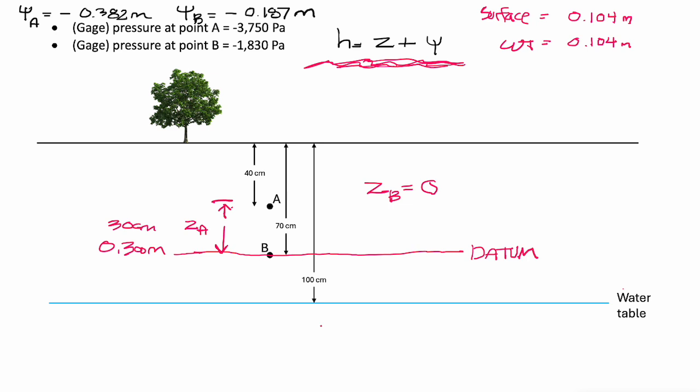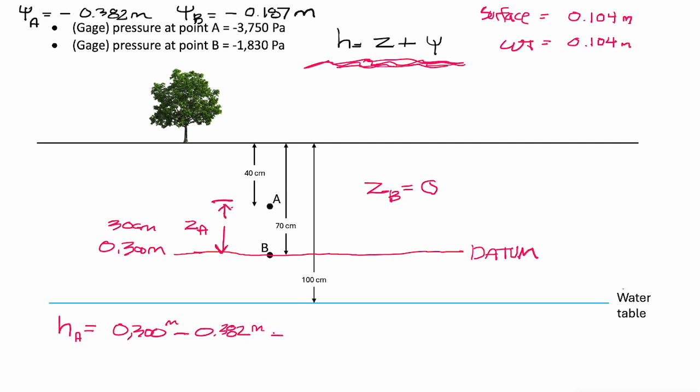So I can write, let's write it over here, h of A will equal, A is above datum, so that's positive 0.300 plus psi, which is minus 0.382. These are all meters. I should have written that down.